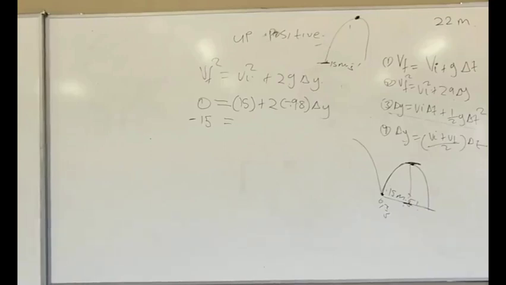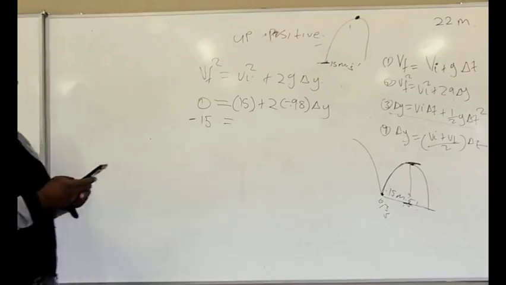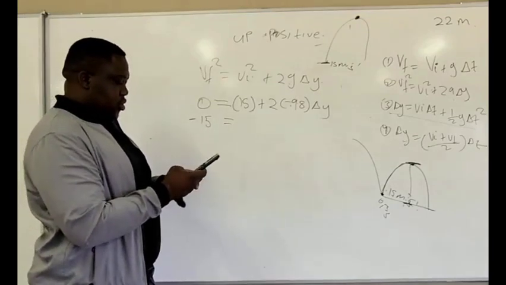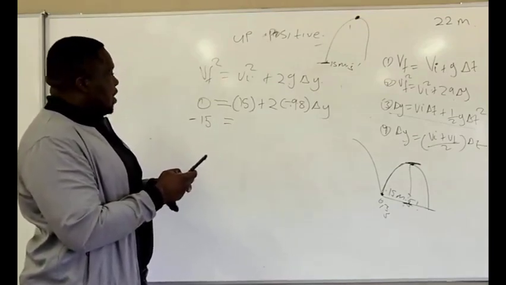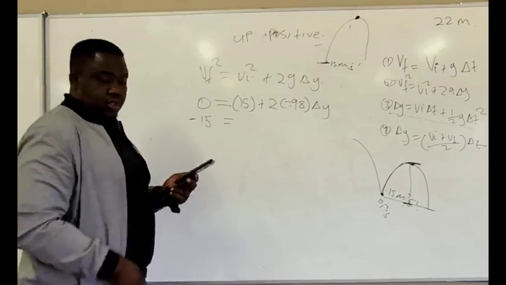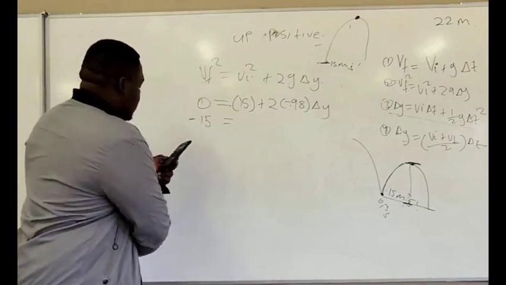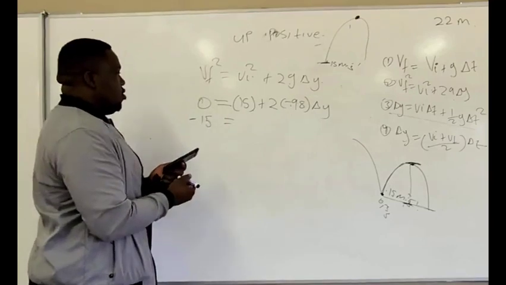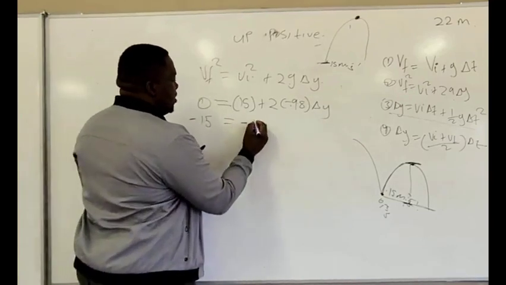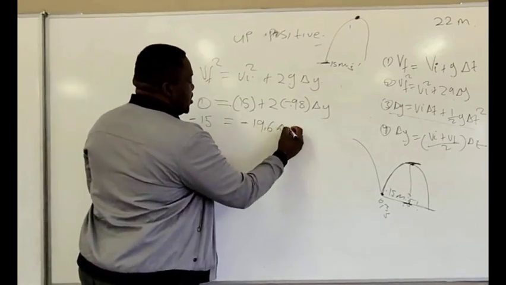Then 2 multiplied by negative 9.8 is going to give us 19.6, meaning that we're going to have negative 19.6 delta y.